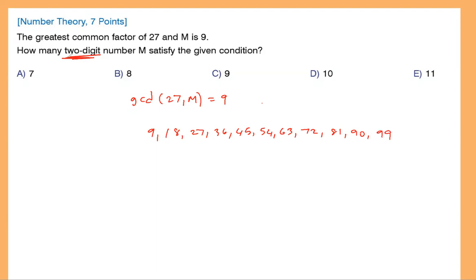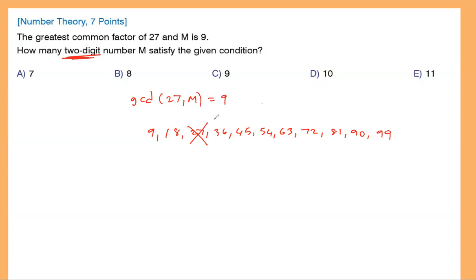Of these, we just want to see how many will satisfy this condition: the GCD, the greatest common divisor of the two numbers, is 9. If I choose the other number to be 27 as well, the GCD is not going to be 9, so you can immediately cross this one out. But should I just check every single number like that? I can if I want to, because there are only a few, so I can try that.